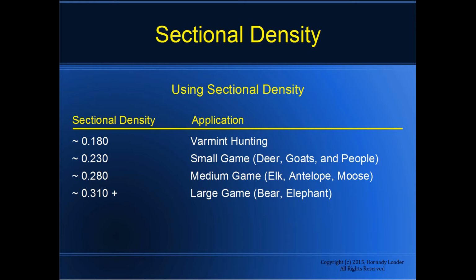Whereas with, say, medium game, elk or antelope, you want the bullet to penetrate the skin, the fur, the muscle and bone, and hold together before it really starts expanding. So the wound channel through the vital organs is larger.